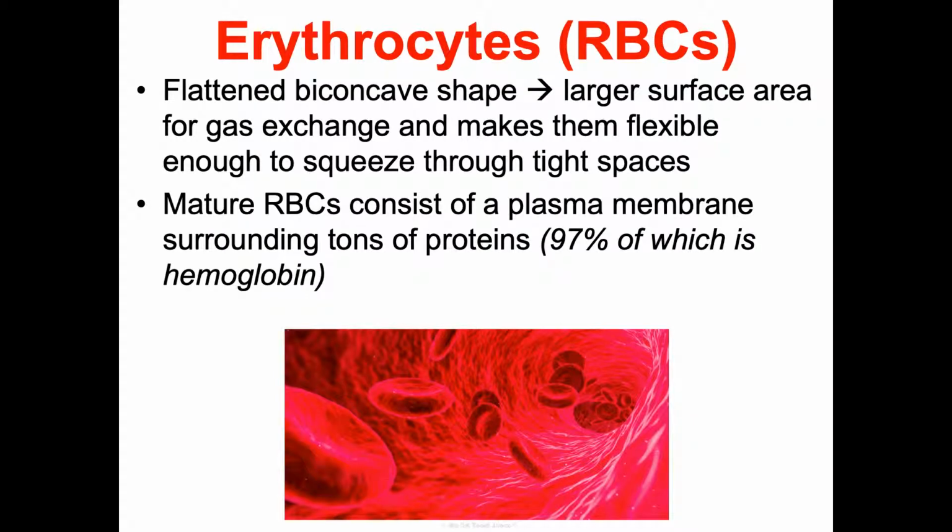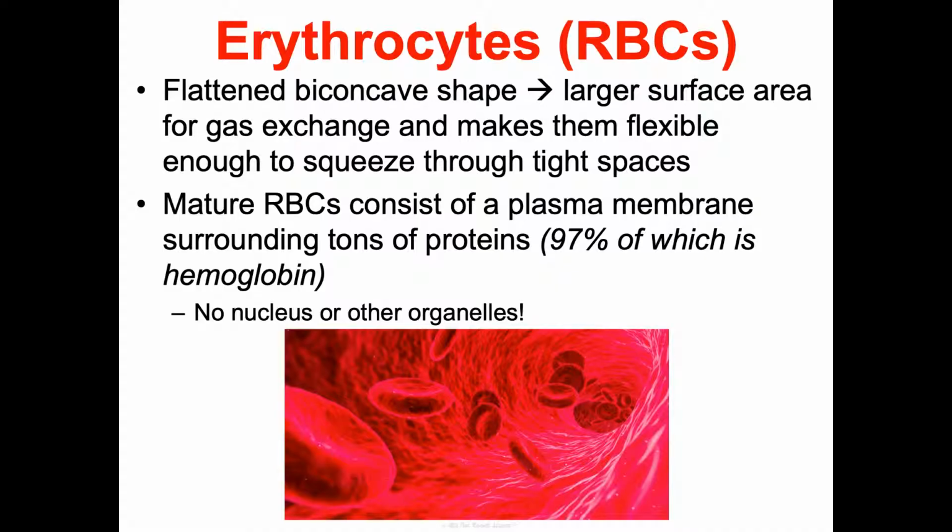Mature red blood cells consist of a plasma membrane surrounding tons of proteins, 97% of which is the protein hemoglobin. Mature red blood cells do not have a nucleus or other organelles. So you might be saying, what the heck? How does this even qualify then? Well, red blood cells do start out with a nucleus and DNA when they're first made, but as they mature, they are specializing for gas exchange.